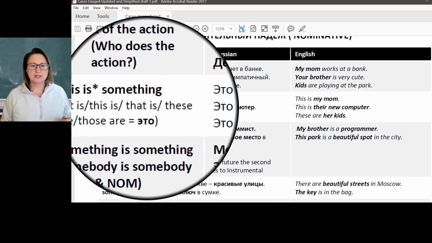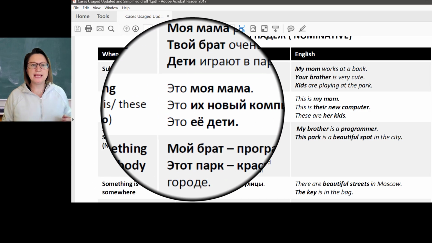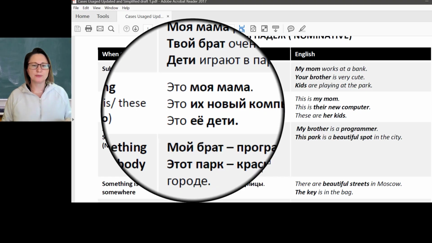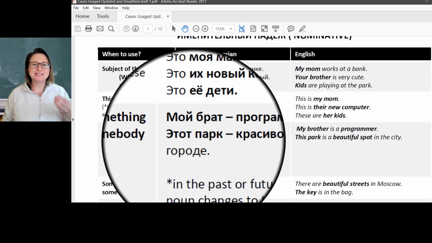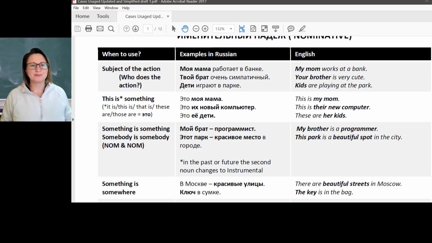So, for example, here we have это их новый компьютер. This is their new computer. While here we have этот парк. This park is a beautiful spot. We don't say this is a beautiful spot, or this is a park. It's like this park, this computer, this car. So that's a little bit different.